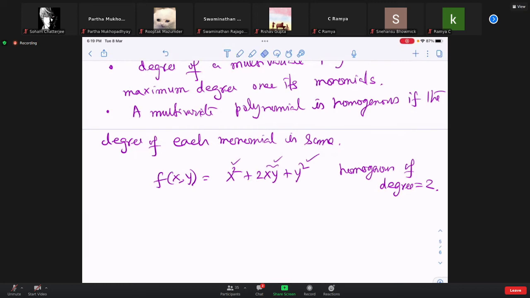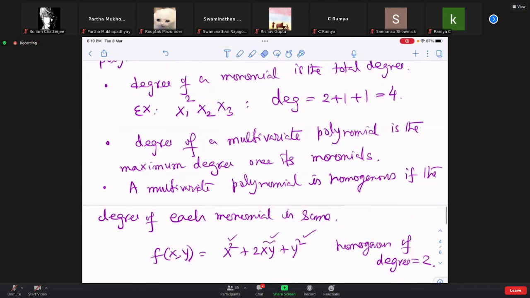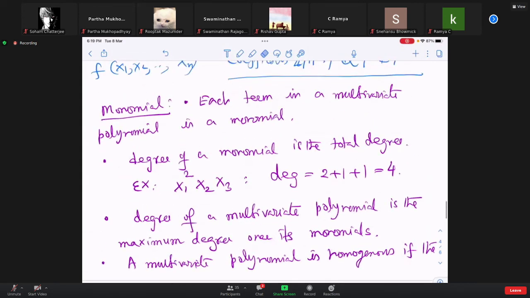Let me know any doubt you have on this setting of multivariate polynomials. We have not gone into Kelly's theorem at all. I'm just describing some really basic algebra. I'll take maybe another 15 minutes and then stop, and the rest we'll do in the next class. But let me know whether you are confused about the multivariate polynomial notion itself.